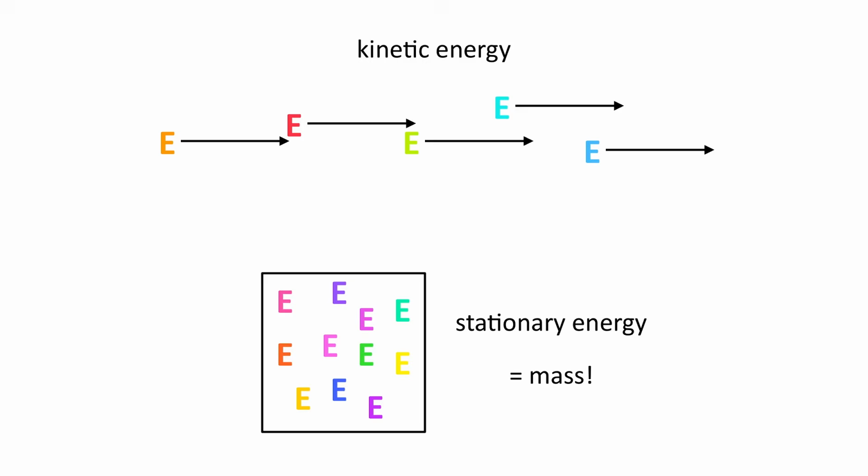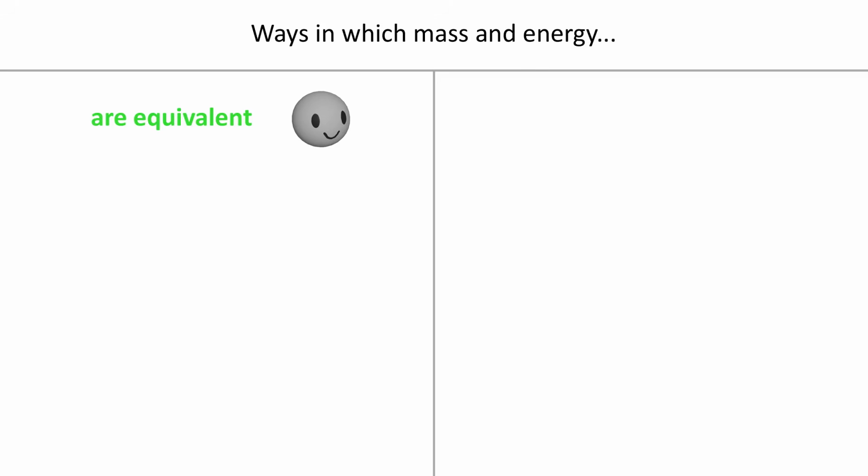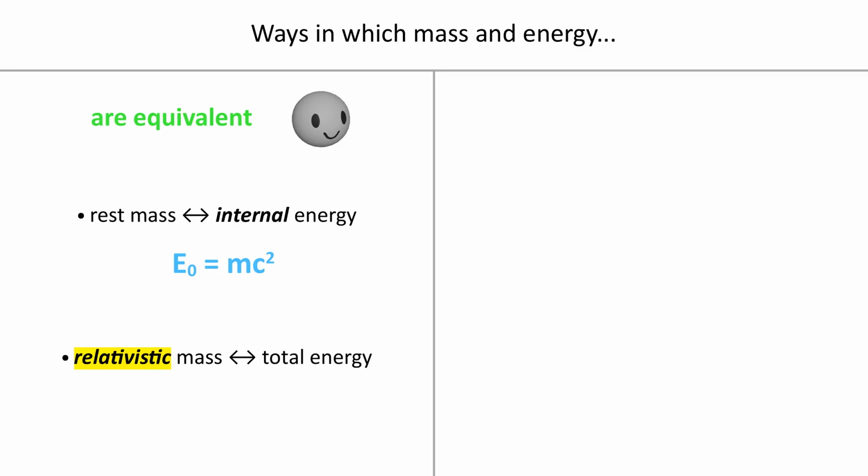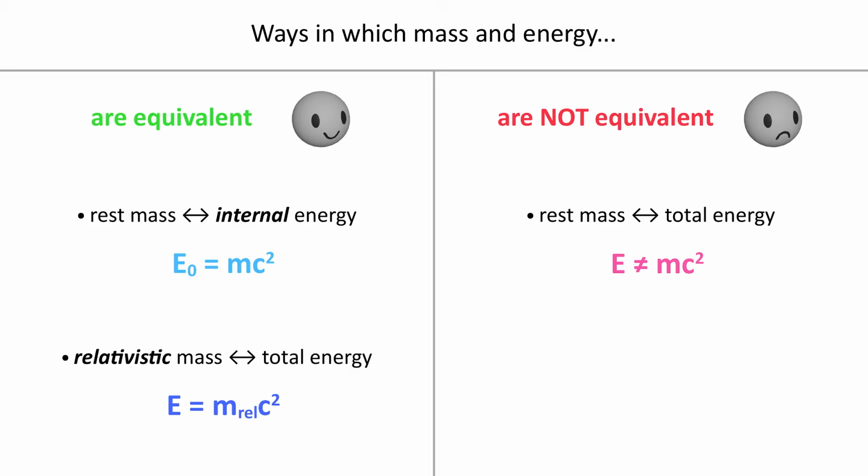The literal equivalence is only applicable if you're only considering internal energy, in which case it should be E0 equals mc squared, or if you're using relativistic mass, in which case it should be E equals m_rel times c squared. When using the conventional definitions, E equals mc squared with no subscript is not an identity. The accurate one has a gamma in it, and the form without gamma is only true for stationary objects where internal energy is total energy.